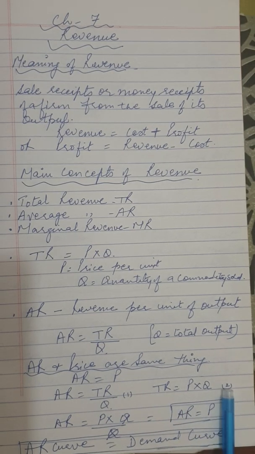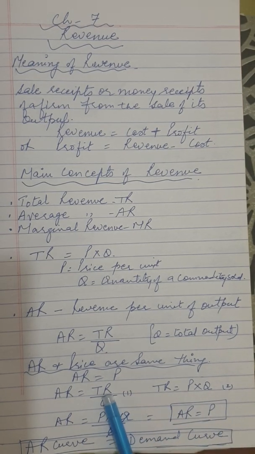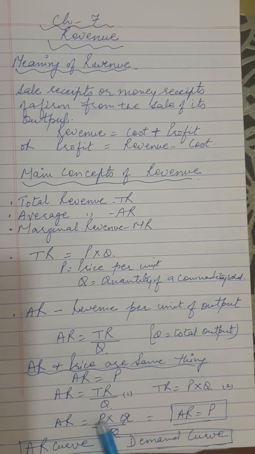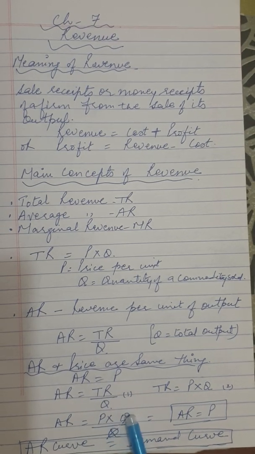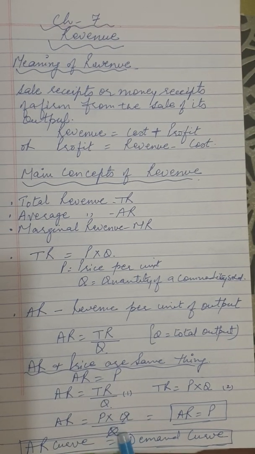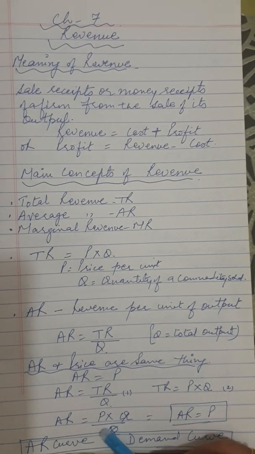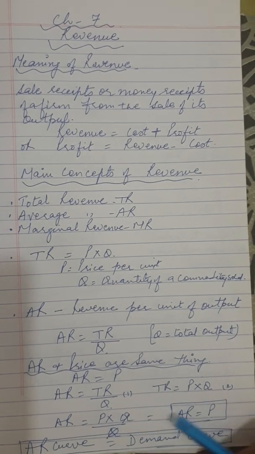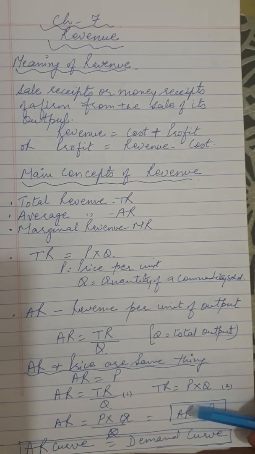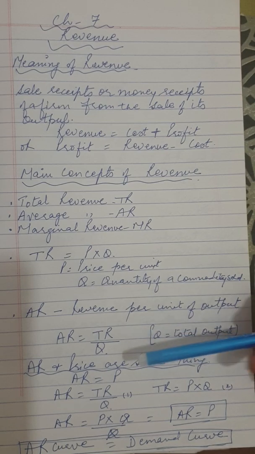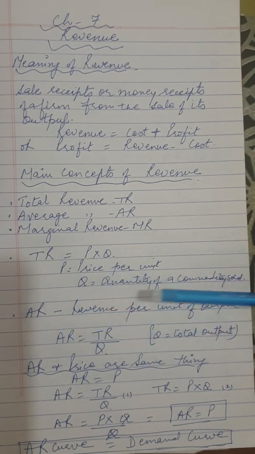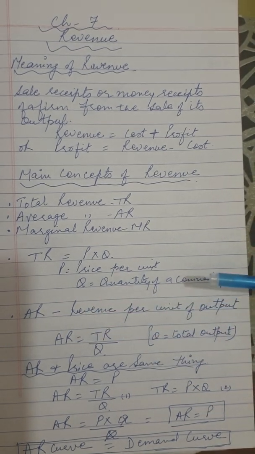If you put this second formula in the first one, AR is equal to P into Q over Q, that is price into quantity sold divided by total output or quantity sold. This Q is cut out by this and AR is equal to the price. This is the numerical equation. You can say we show that average revenue is equal to price.